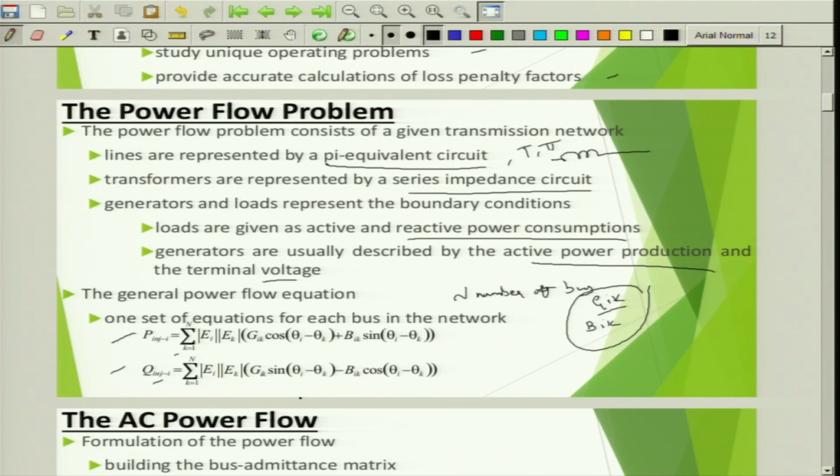Similarly reactive power is expressed as the summation of k equal to 1 to n of ek, gik sin(theta i minus theta k) minus bik cos(theta i minus theta k). You can see here the terms are exchanged.